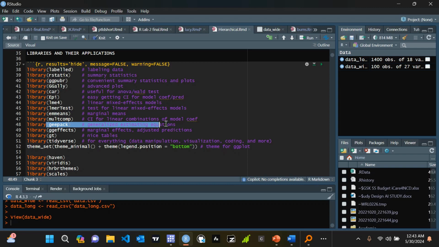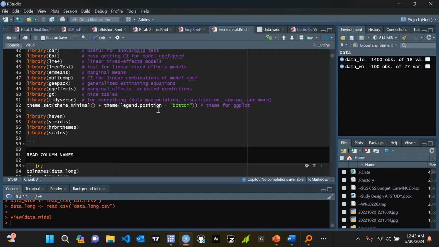We have geepack for generalized estimating equations. We shall see why we can't use generalized estimating equations for this case. Then we have ggeffects for marginal effects. We have tidyverse. You know tidyverse is used for data manipulation and visuals. It has ggplot and dplyr. We have the theme packs. Haven is for reading Stata files. So the rest are for changing around themes.